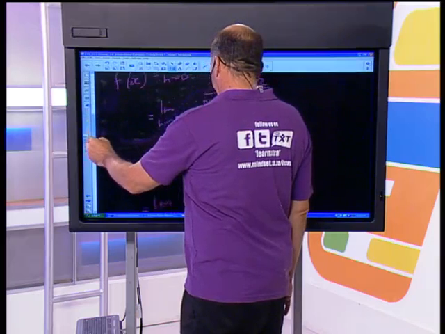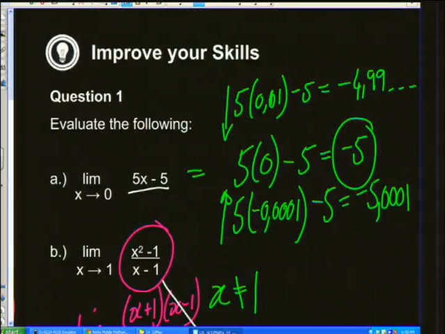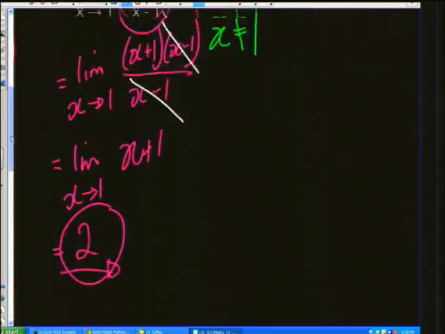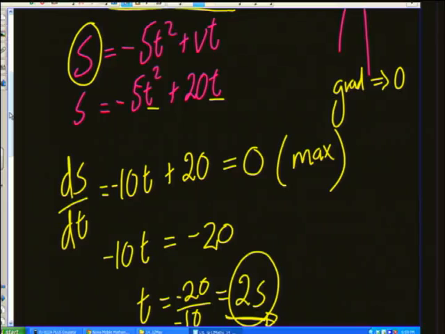Where are we? I don't see which question it was. None of those had an answer of 10. Minus 10, I can't see the minus 10. This was minus 10. Yeah, there's the minus. I did put the minus in.